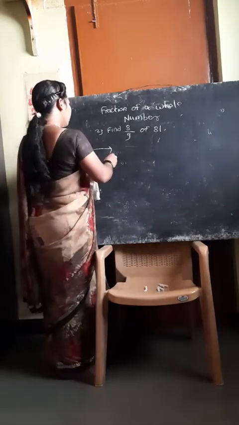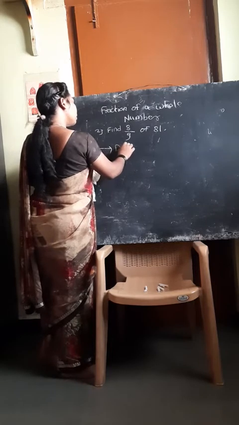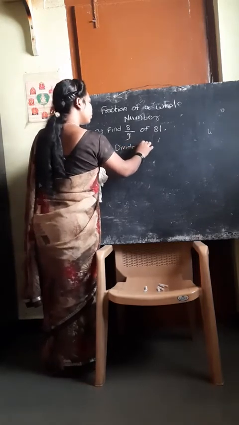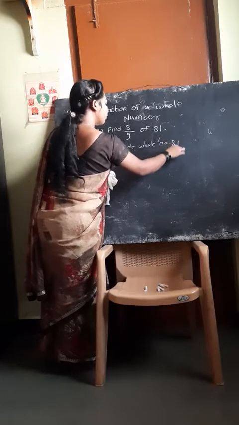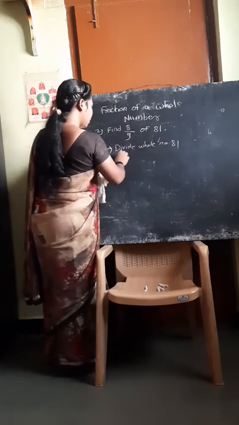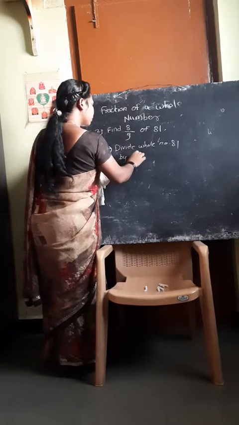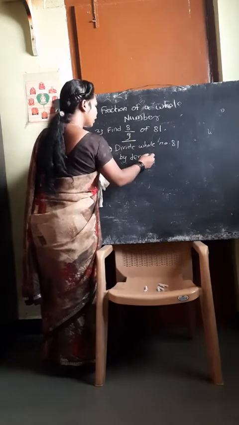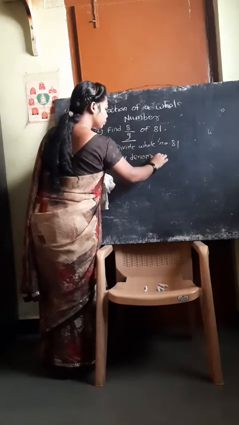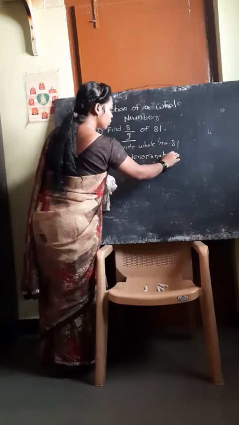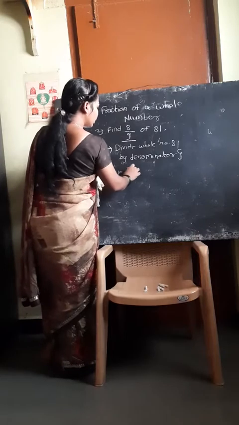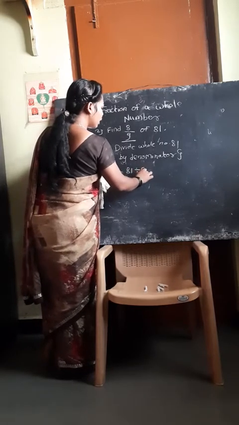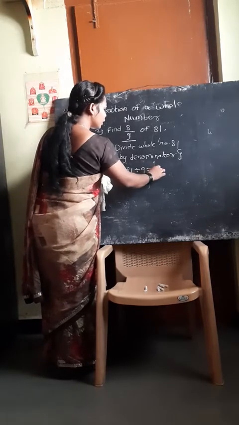Firstly, divide the whole number 81 by the denominator, that is 9. 81 divided by 9 is equal to 9, since 9 9s are 81.